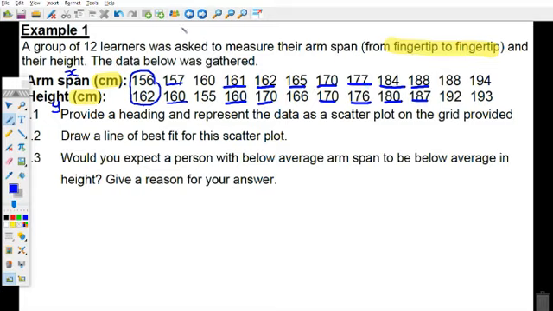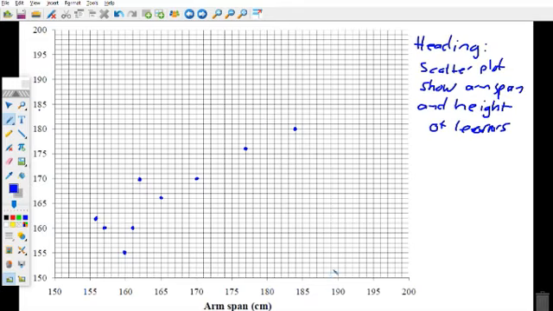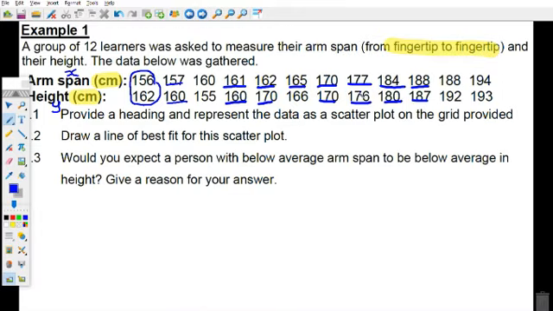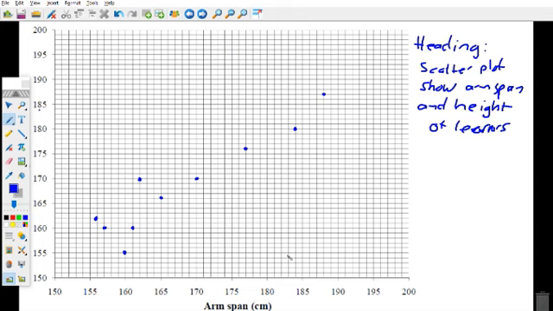188, 187. Okay. 188 is over there. 187 is over there. 188, 180, 192. 192 is over there.